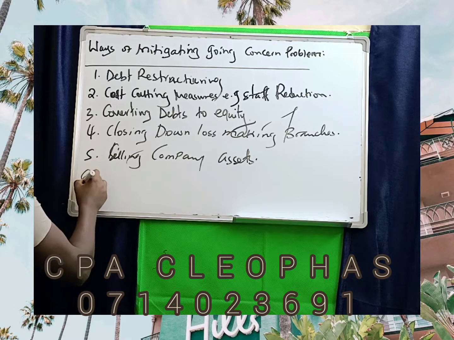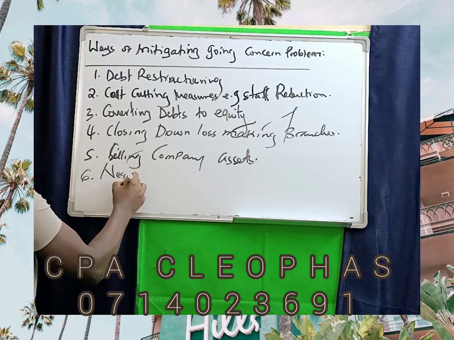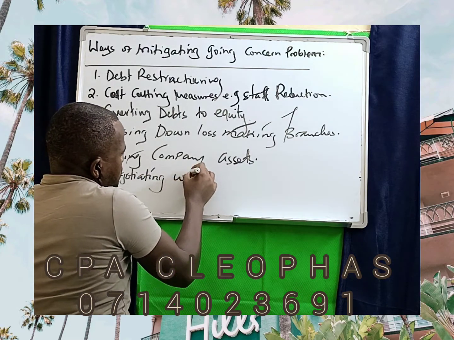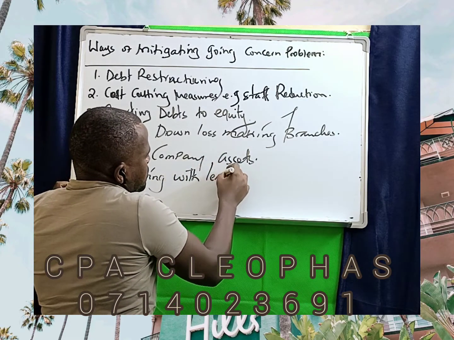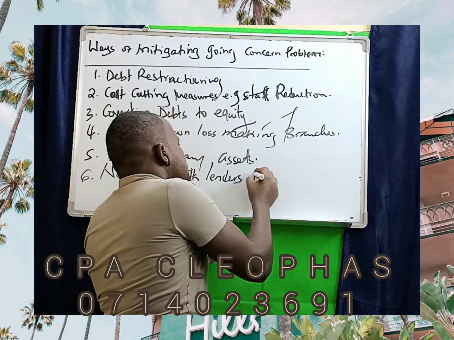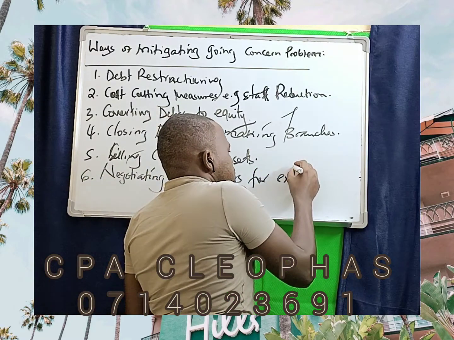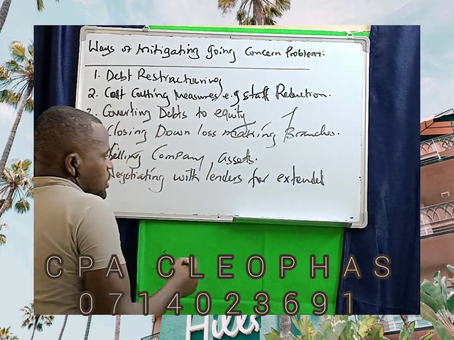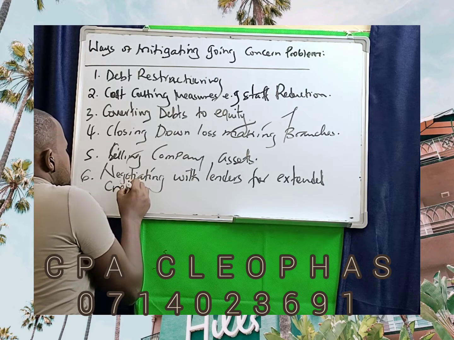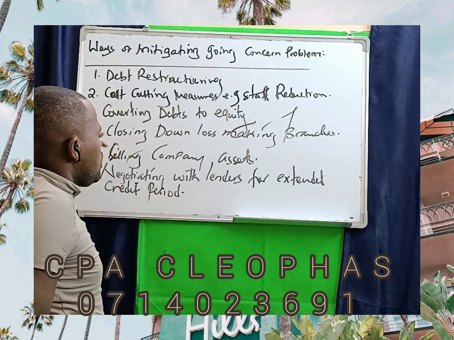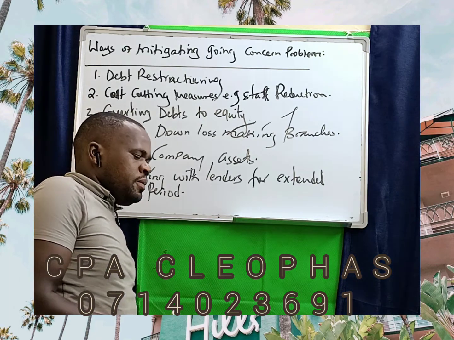You can also negotiate with the lenders, like financial institutions, for an extended credit period. So these are some of the ways of mitigating the going concern problems.